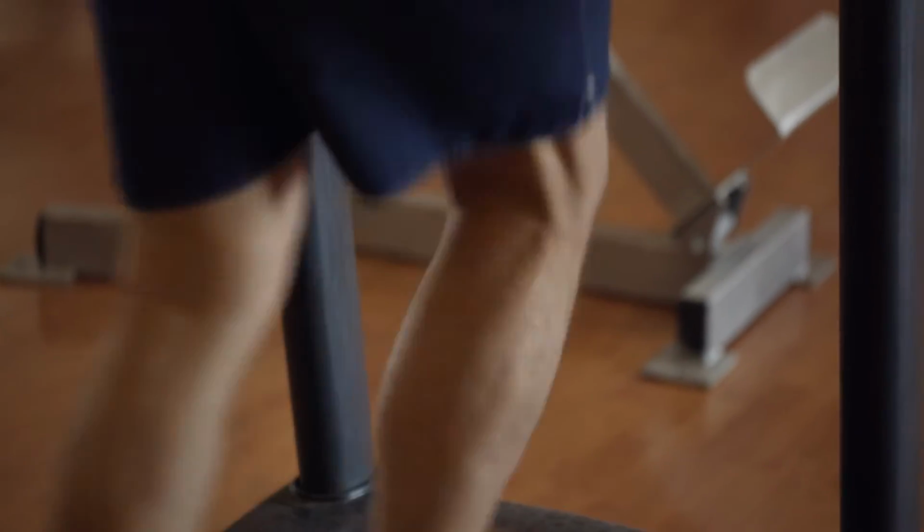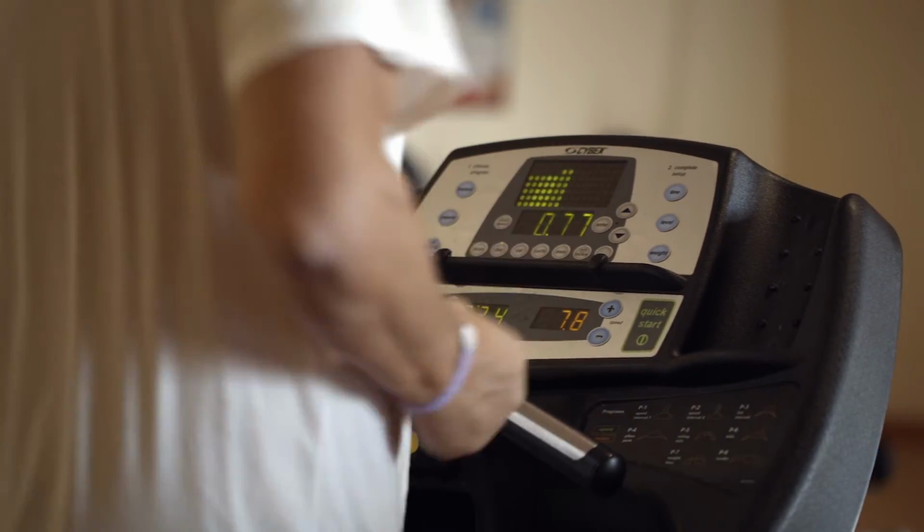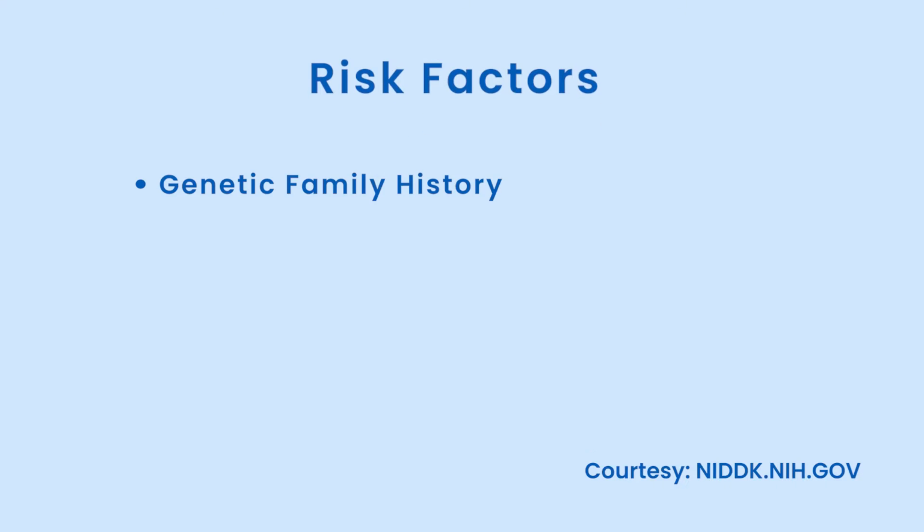It is a disease that can affect almost every part of your body, so it's very important to keep your disease under control in conjunction with your healthcare provider. There are many risks that are associated with the development of diabetes. If you have a strong family history, you really need to pay close attention to your health because likely you are predisposed to becoming diabetic.